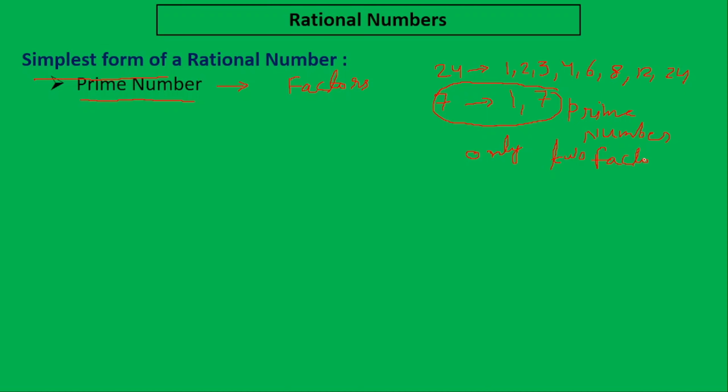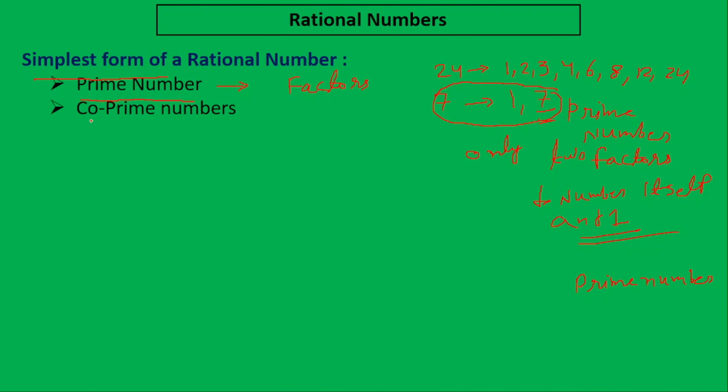Like in the case of 7, only 1 and 7 are the factors. Hence, it is called a prime number. Similarly, 5, only 1 and 5 are the factors because 5 comes only in 2 tables, 1 and 5. Similarly 13, only 1 and 13. 23, 1 and 23. So these are prime numbers.